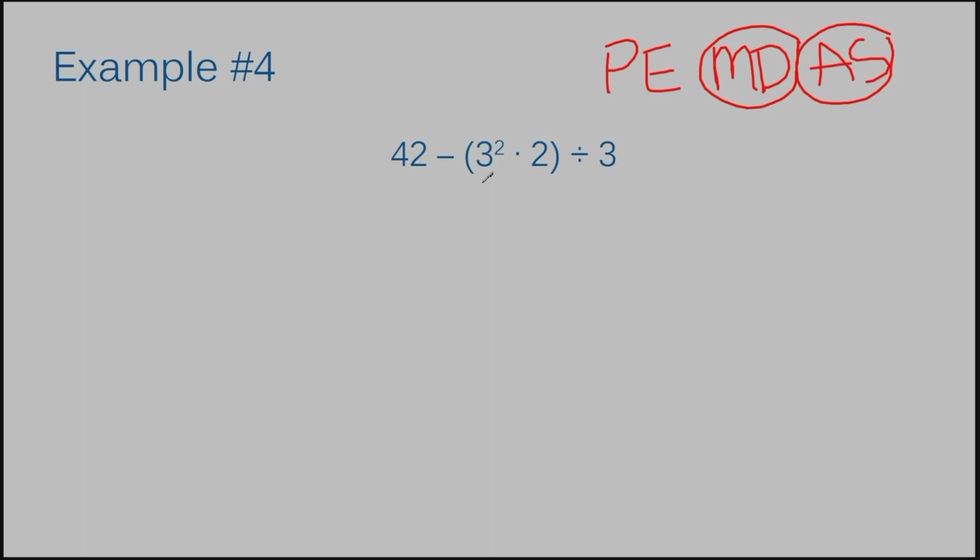Okay, I have 3 squared times 2. And before I go on, I do want to point out that this multiplication symbol is different than some of the others that you may be used to. This multiplication symbol is just a dot. It is not a decimal. It's higher up than a decimal would be. A decimal would be lower.